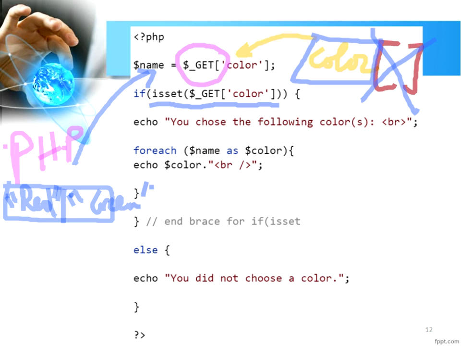After that, I will use a foreach. So foreach here is a loop. So foreach $name as $color, $color equals $color plus BR. So $name is here my array, as $color.